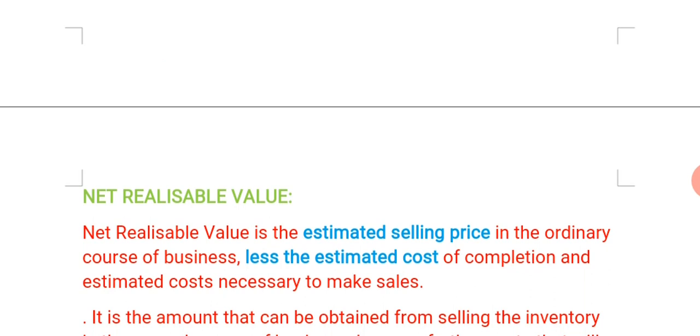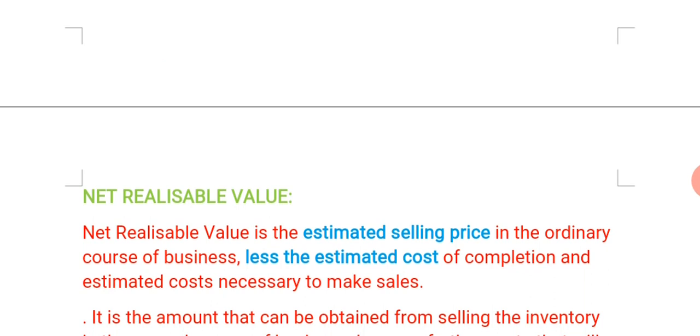So when the cost is not really clear, you have the option of the net realizable value method. And the net realizable value method is simply how much you expect that the shirt you bought will be sold for in the ordinary course of business. It means not to your friends, related people, or partners that you can reduce the price for, but to a distant party.